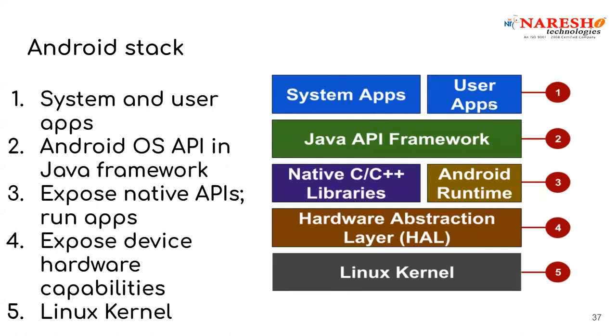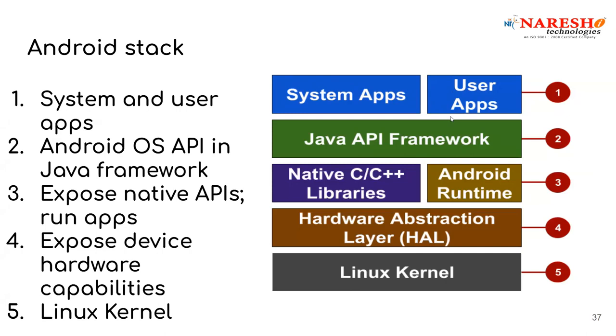What are system apps? What are user apps? I'll tell you the definition of system apps. System apps are those apps that come by default with the operating system, and they have key capabilities such as sending an SMS, making a call. Such kind of system capabilities it will have.